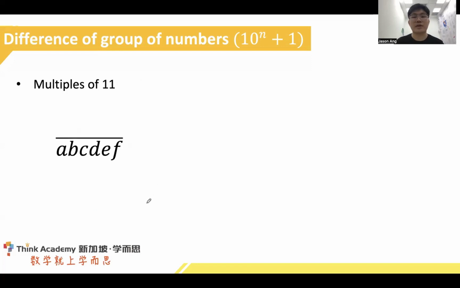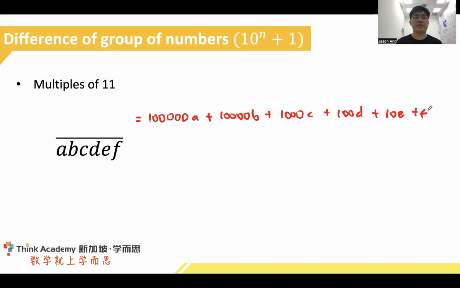So let's start to go and tackle, starting from 11. Once again, I'm going to use your fraction decomposition to go and explain to you. So this is going to give us this. 100,000A, 10,000B, 1,000C, 100D, 10E, and F as well.